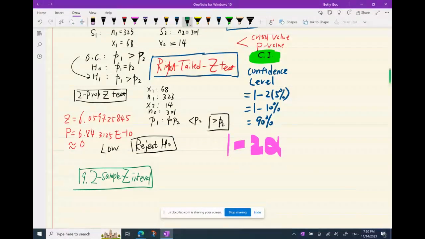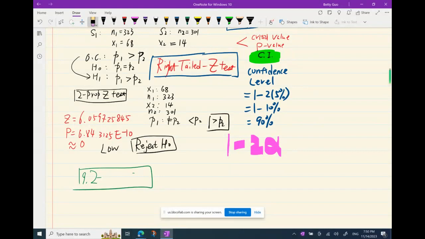All right, so I'm going to select that and, hold on, not this one. Stat tests, 2 sample Z interval. Oh, my bad. 2 proportion, of course.